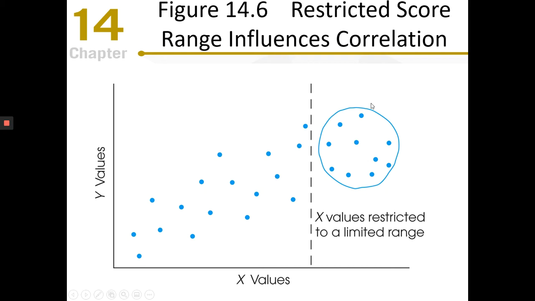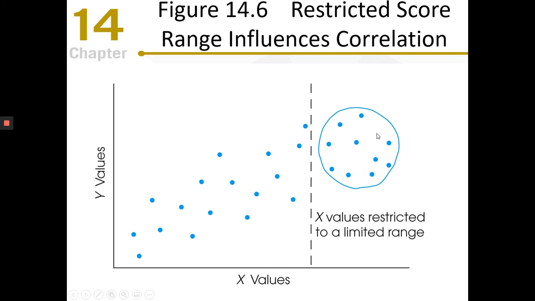If we just look at the chocolate chip cookie, it looks like nothing. That's because we're looking at a very limited range of people who are high on both. But when we measure a broader range of people, the picture becomes clear that there is a pretty strong positive correlation.